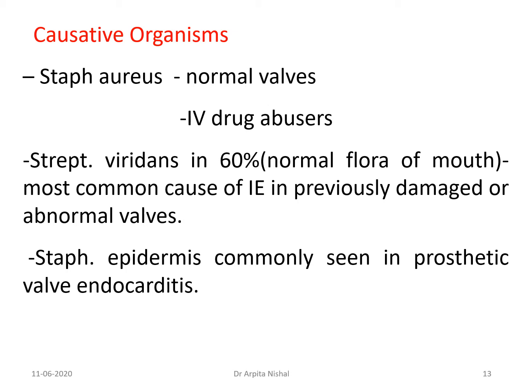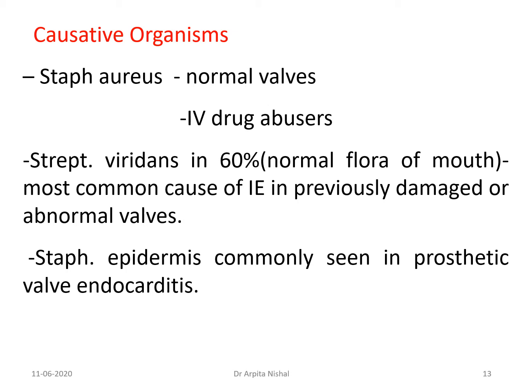Another organism is the Streptococcus viridans, which causes infection in 60% of cases. Streptococcus viridans is also a normal flora organism. It forms the normal flora of the mouth, and it is the most common cause of infective endocarditis in previously damaged or abnormal valves.